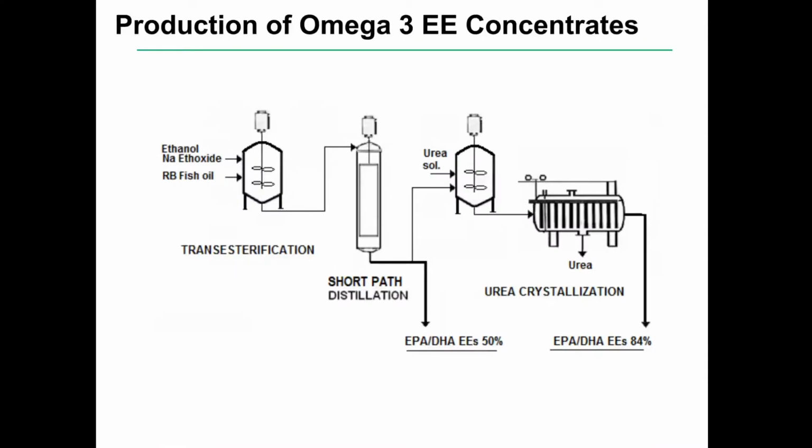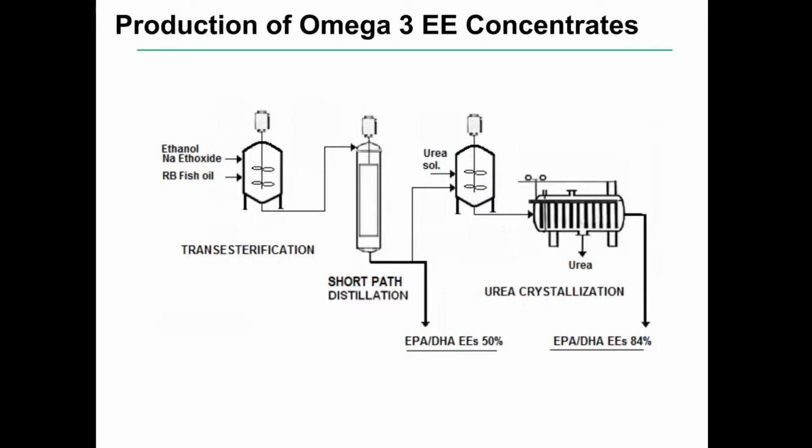An area where short-path distillation is commonly used is in the production of omega-3 ethyl ester concentrates for pharmaceutical and supplement applications. Basically, fish oil or other omega-3 oils like microalgae oils are transesterified with ethanol using a catalyst to produce these ethyl esters of the fatty acids of the fish oil or other marine oils.